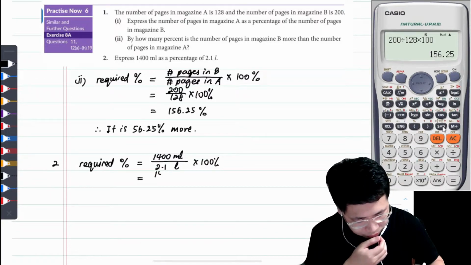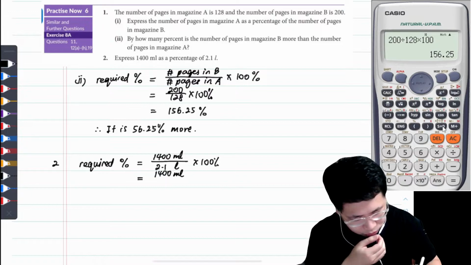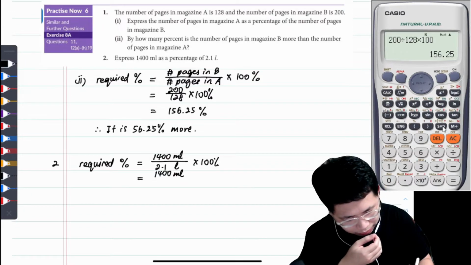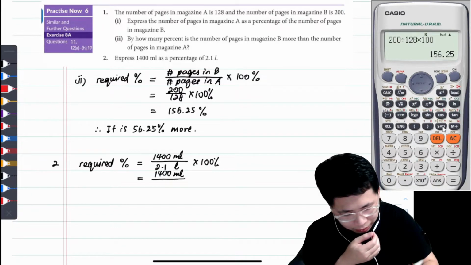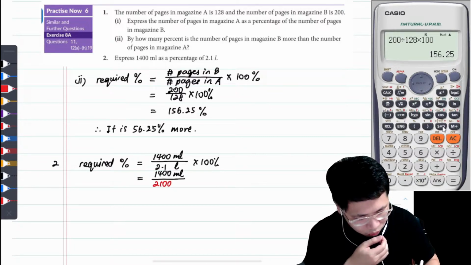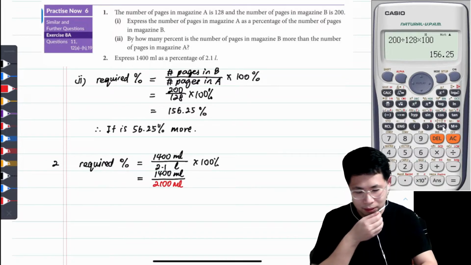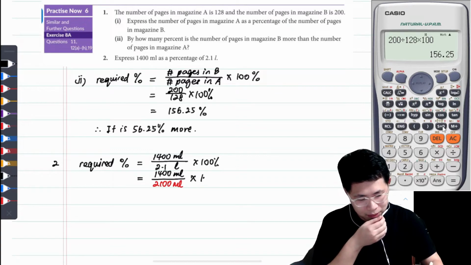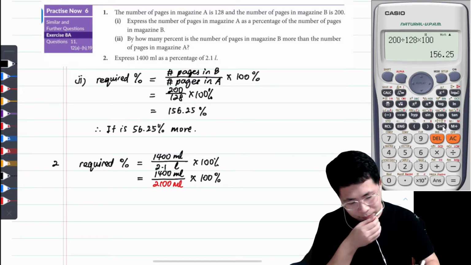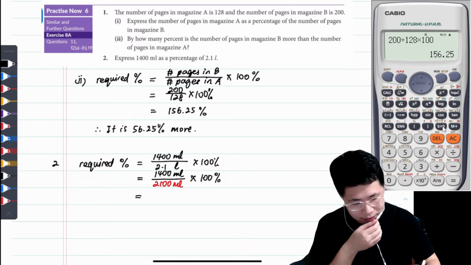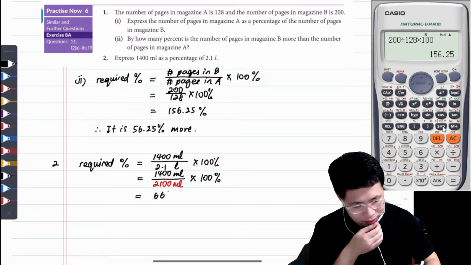So for me, I would prefer to change it to a smaller one, to change it to ml. So the 2.1 liters is how many ml? It's just multiplied by 1000 to give me 2100 ml. Okay, and I will multiply this by 100%. So this is actually 2/3 of 100%, which is 66 and 2/3 percent.